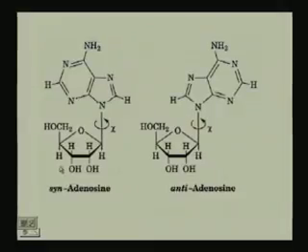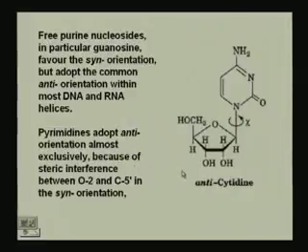Okay. So, what we have is we can have syn adenosine or we can have anti adenosine, where we have the sugar ring and the base away from the pentose sugar. When we have the purine nucleosides, we have an anti configuration, when this oxygen is away from this part. We can have the syn orientation when there is rotation about this and this oxygen comes above this part.